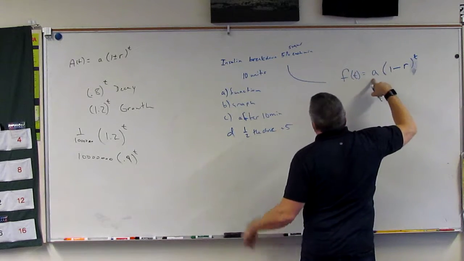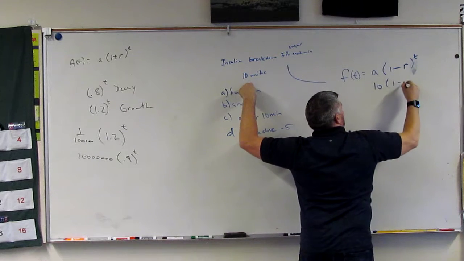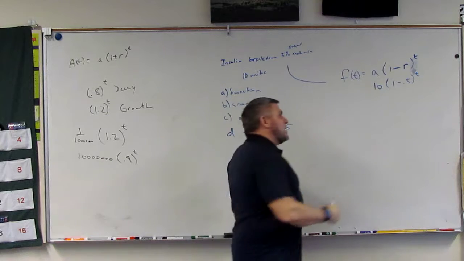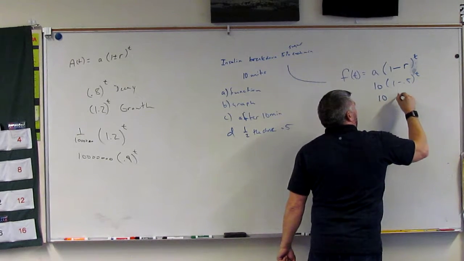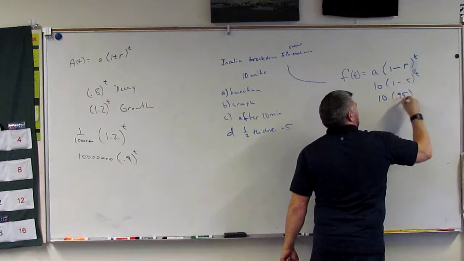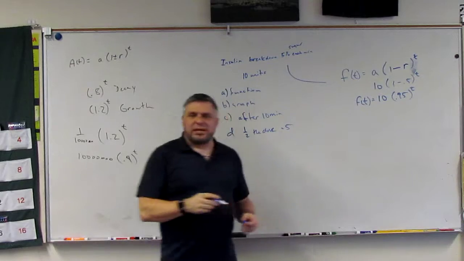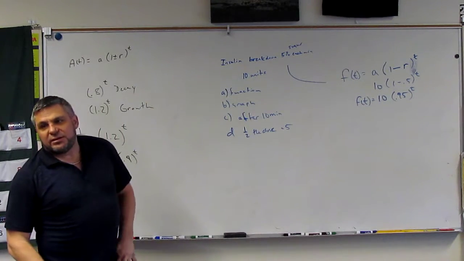So the A we started with was 10 units times 1 minus 0.05 to the T. So now we're talking about 10 times 0.95 to the T is f of t. That's your function, right? And so now we just have to plug that into your calculator and graph it.